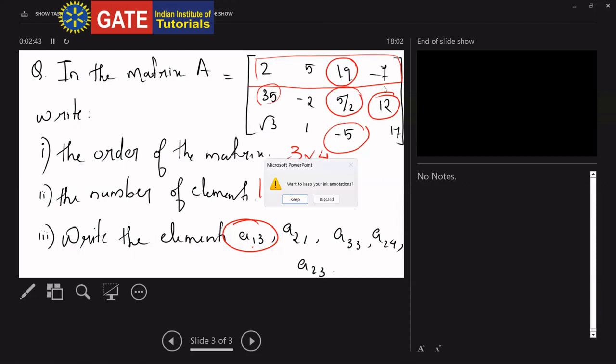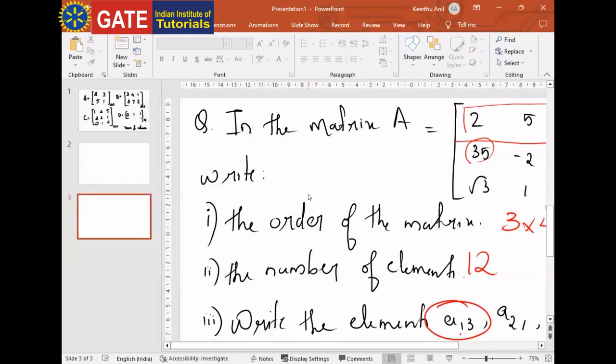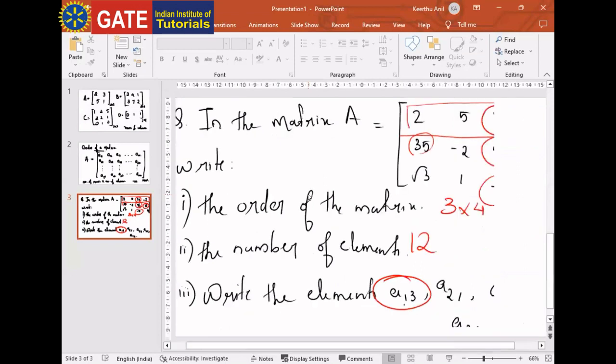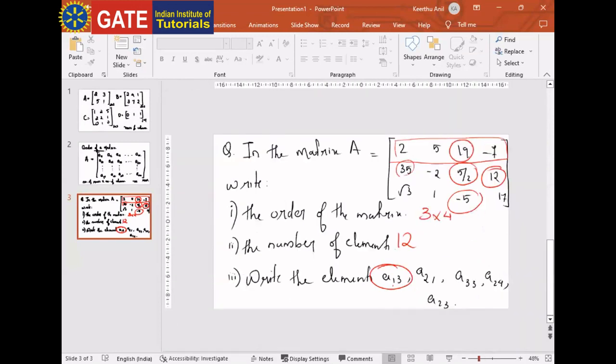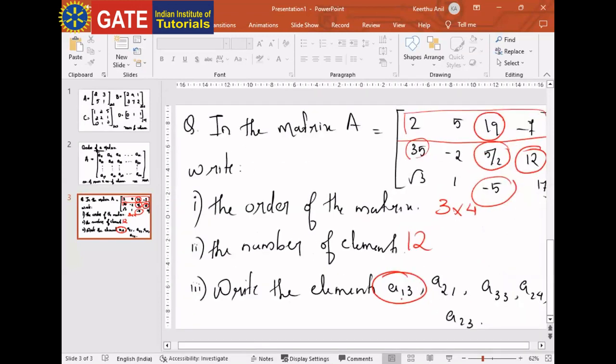I can write below. Next question. If a matrix has 24 elements, what are the possible orders it can have?